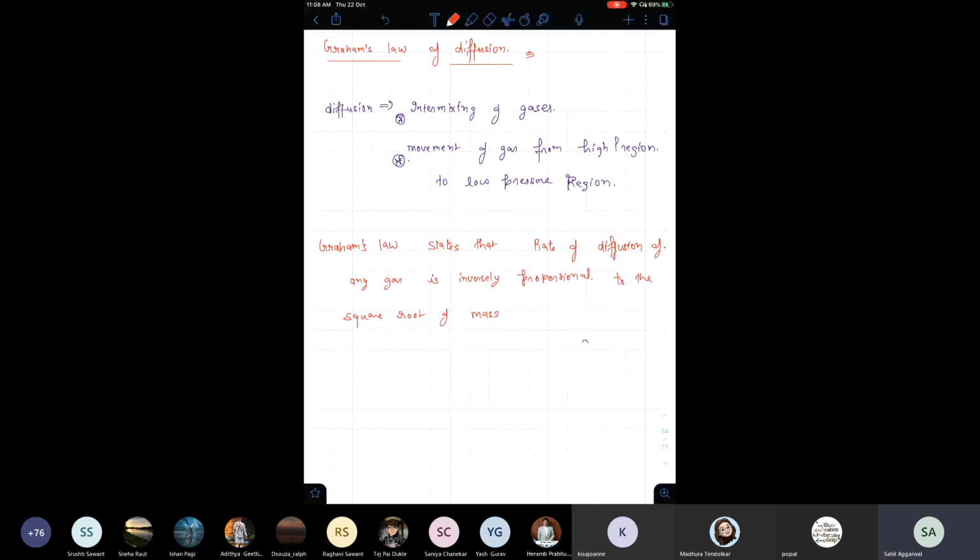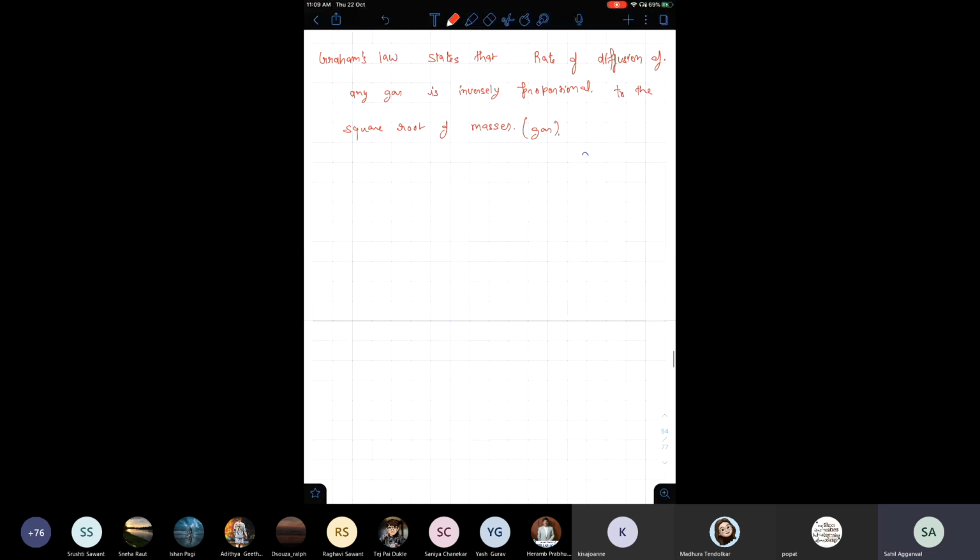Square root of masses. Mass किसका? Gas. So rate of diffusion of a gas is inversely proportional to the square root of its mass.